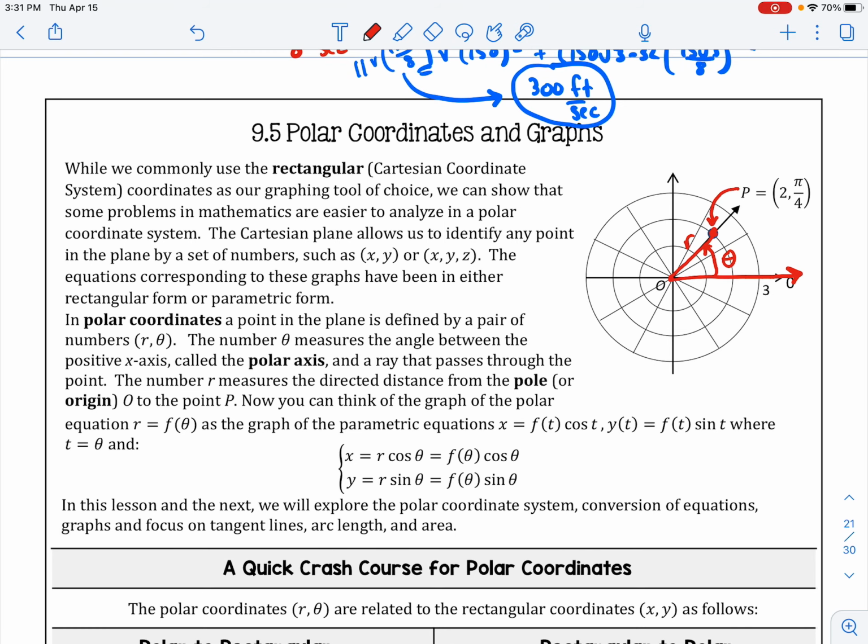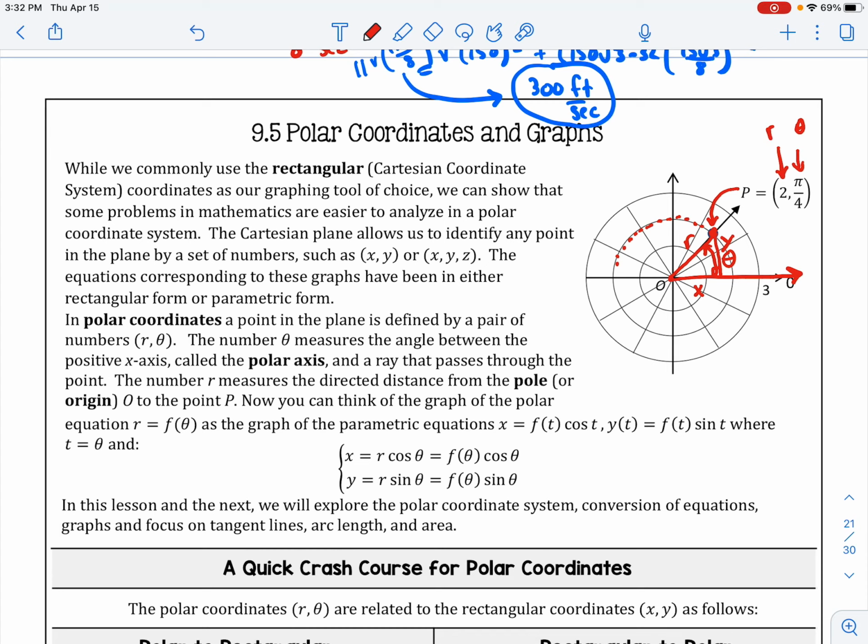So for this point P, your theta is pi over 4. And the distance along that vector is 2. And so you could see that if you dropped a perpendicular here, you would have an x and a y that corresponded to it.